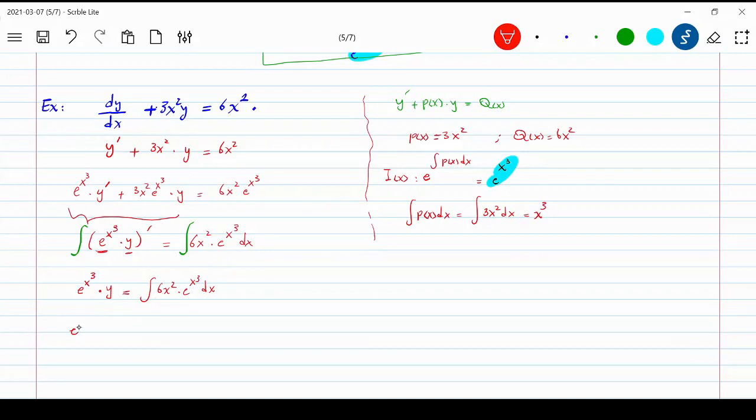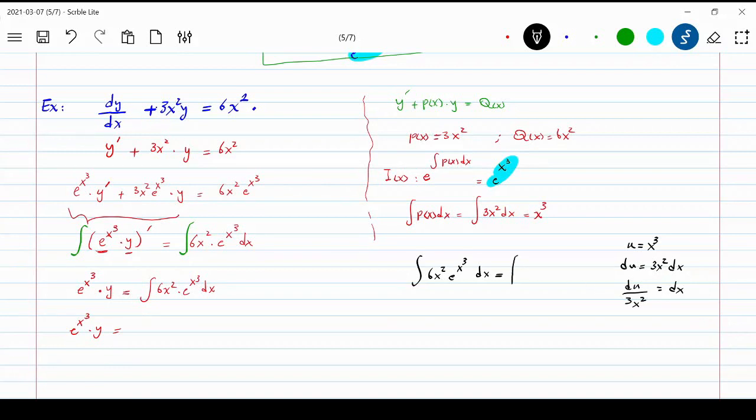The integral on the right hand side will be simply, you can use a substitution. Here, let me calculate that on the right. 6x squared e to the x cubed. If I use substitution and say I call u to be x cubed, then du equals 3x squared dx, and you can multiply the dx to the other side. Dx would be simply du divided by 3x squared.